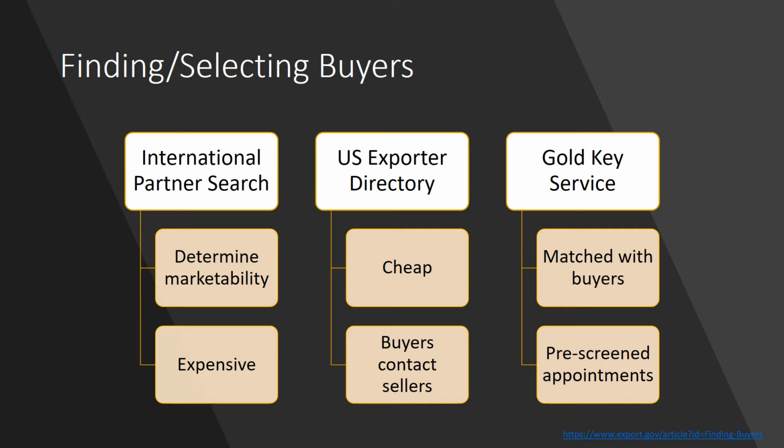They could use the US exporter directory as well, and it's cheaper, and it allows the buyers to contact the sellers. There's also the Gold Key service, which matches sellers with buyers and allows them to have pre-screened appointments so they can determine if they are a good fit.